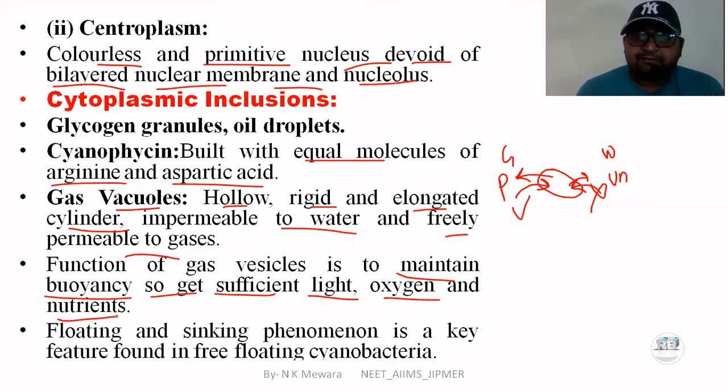Floating and sinking is the key feature found in free-floating cyanobacteria. So we can say that cyanobacteria float on the surface of the water because of the gas vacuole, which contains gaseous elements that produce a buoyant force.